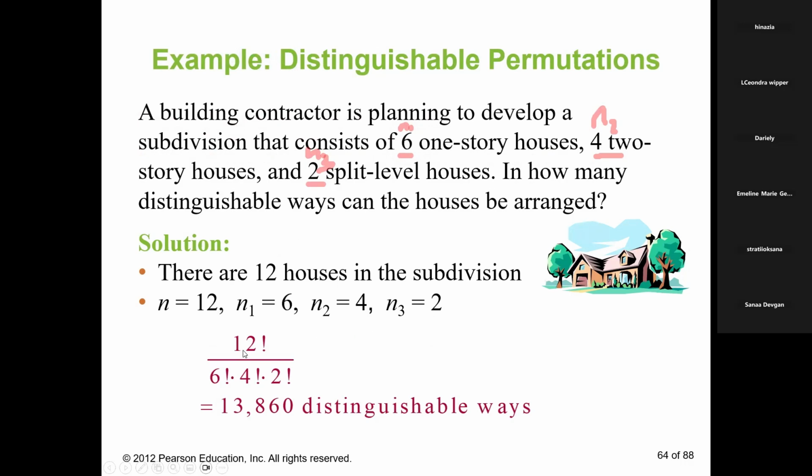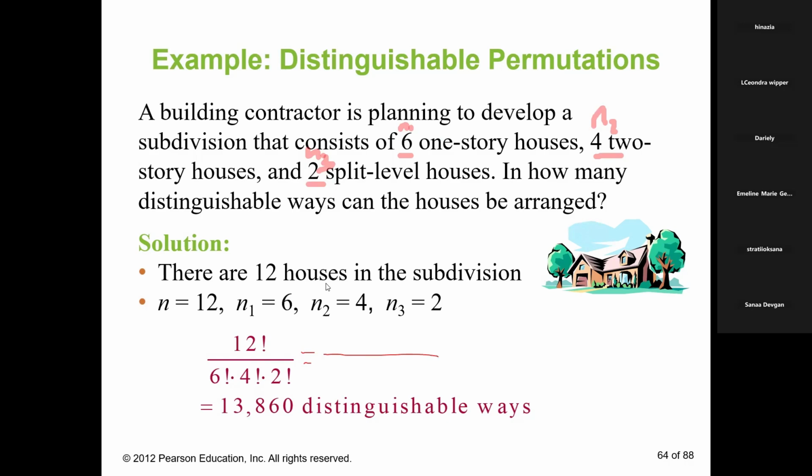So that will give you 12 factorial over N1 factorial, 6 factorial, N2 is 4 factorial, and then N3 is 2 factorial. And then when you do this calculation here, let me just show you.